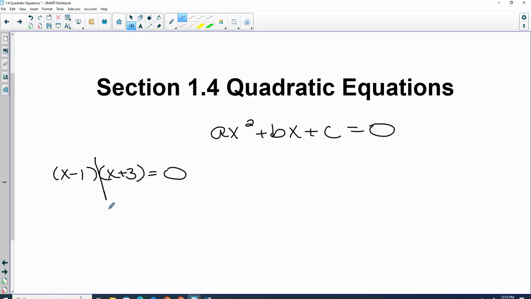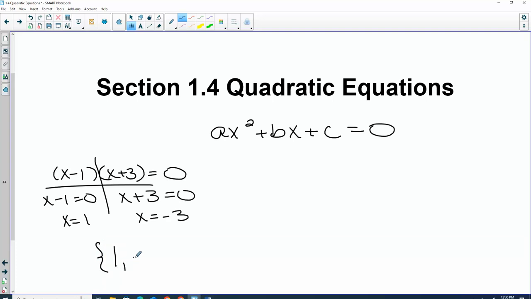And so you guys probably, once you factored, set each of those equal to 0. And so we get x to be 1 and negative 3. And you can write them in a solution set. I am not super picky about that as long as you have the answers. So I don't care if you leave it as x equals, I don't care if you write it in a solution set, as long as you have your answers.